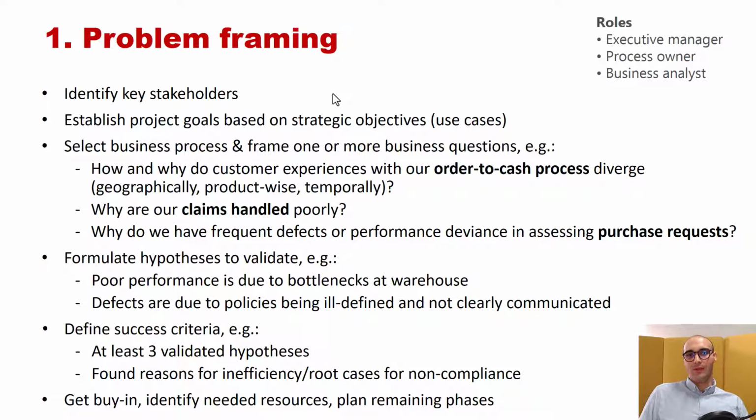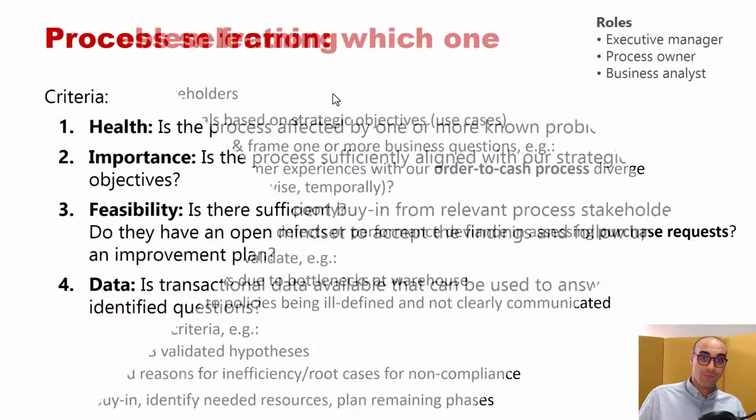In that way, you will have a better and more efficient way of framing your problem. And then you need to have a stopping criteria for the project. So you have the goals. For example, you can have 3 hypotheses that you need to validate. After validating these hypotheses, this project is going to end, and every update that comes later can be a separate project.